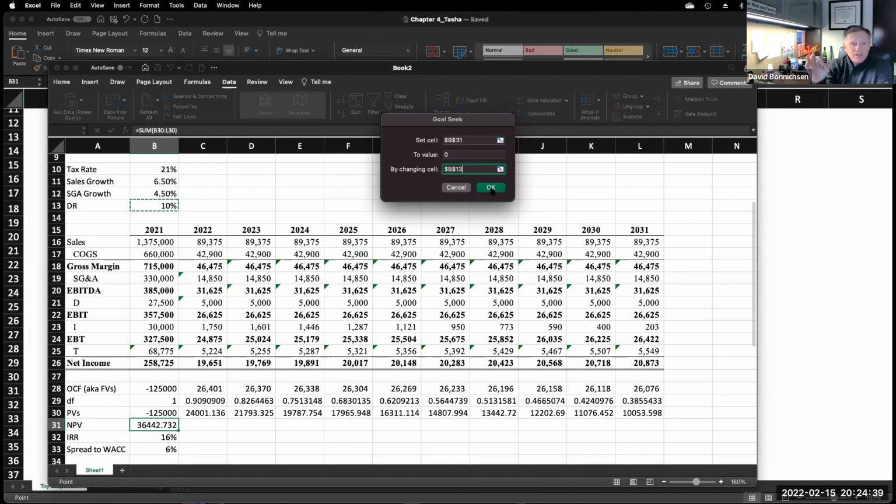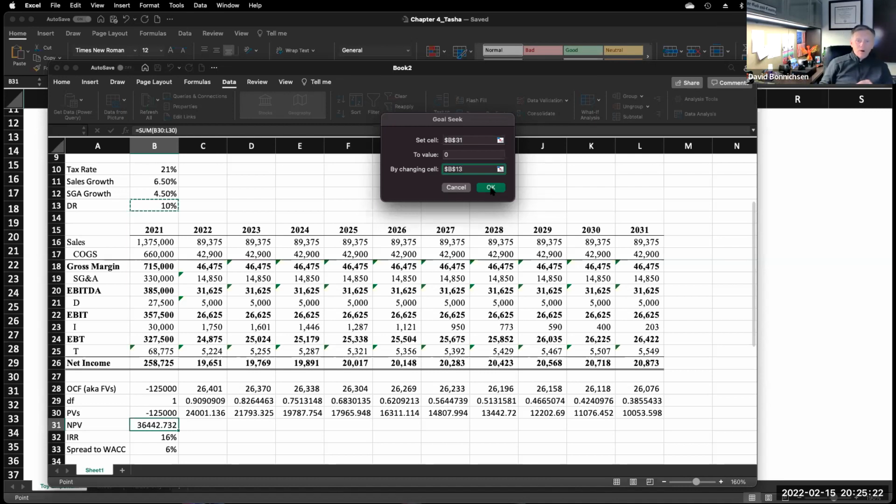One of the things I hope you come away from this class with is learning how to set your Excel files up properly and linking everything, so that you only have to make a couple of changes, because goal seek is one of the most magical functions within Excel. I want to set the net present value to zero and vary my discount rate, because the discount rate flows into the discount factor, which then flows into the PVs, which then flows into net present value. So Excel is going to just change the discount rate until the net present value goes to zero.